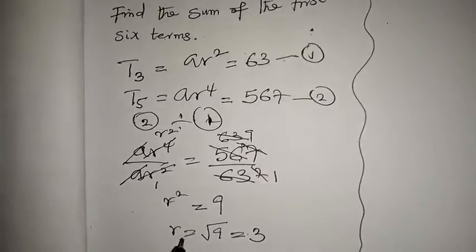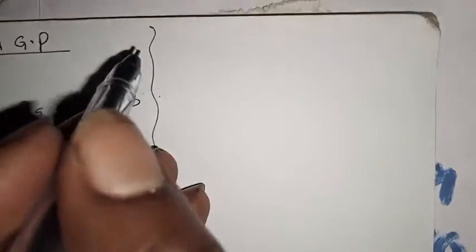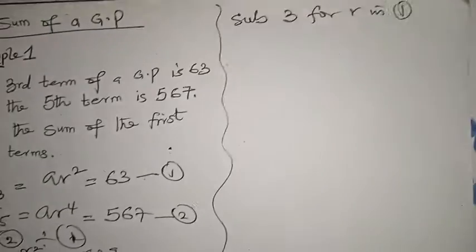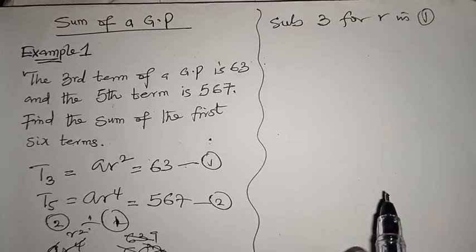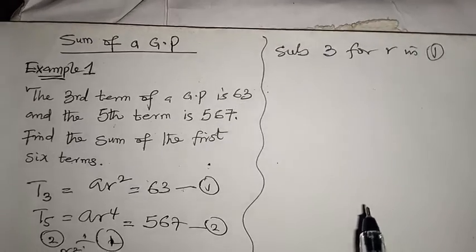So now that I've gotten R, we now substitute 3 for R in equation 1. Equation 1, if you can see there, we have AR squared equal to 63. So anywhere we see R, we replace with 3.